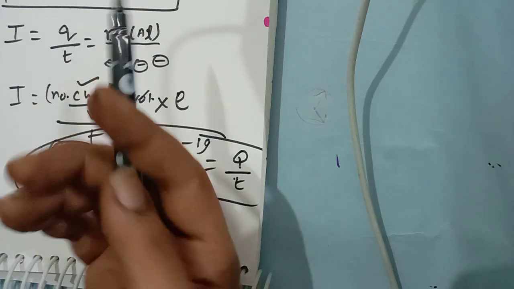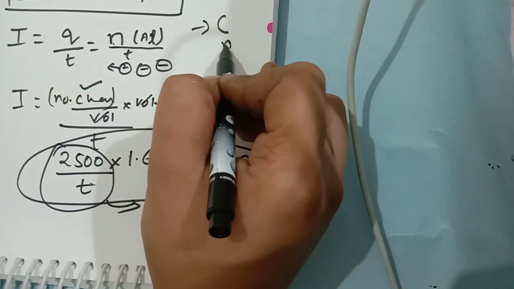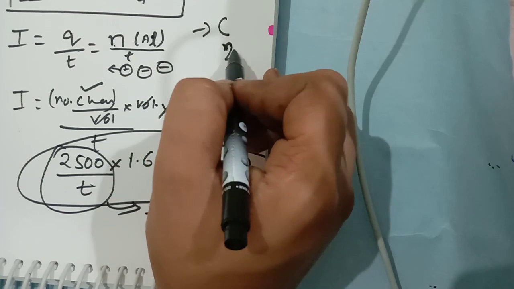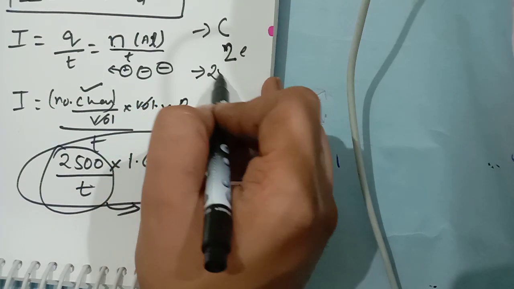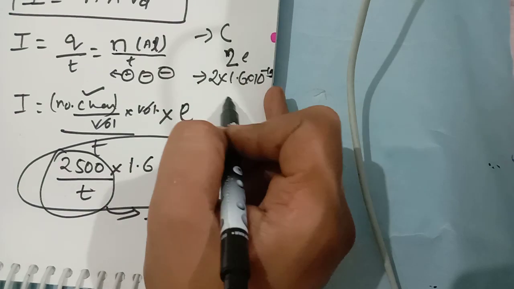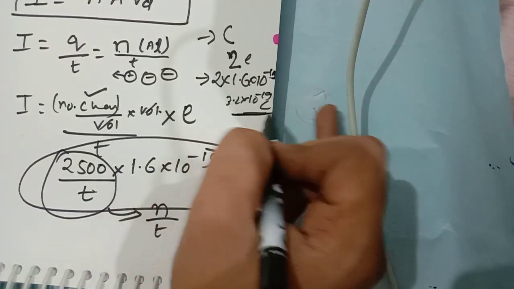Q is the amount of charge. Q is in coulombs, not in numbers. It is not two charges, it is the amount of charge. If I am representing two electrons and I ask for the amount of charge, you will say 2 into 1.6 into 10 to the power minus 19, that is 3.2 into 10 to the power minus 19 coulomb. It is the amount of charge.